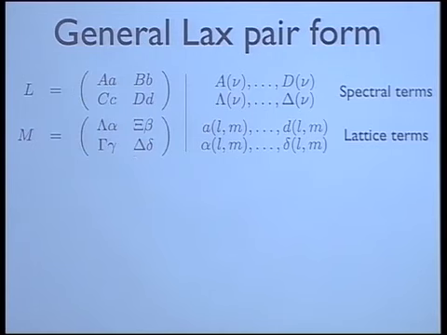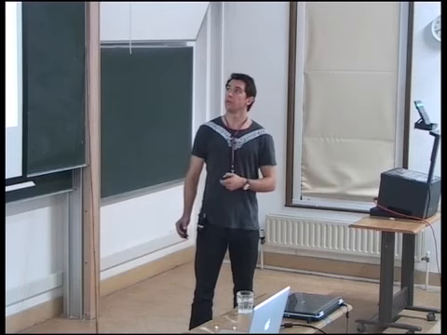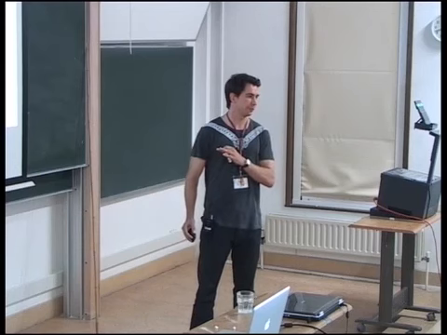It's all 2 by 2 partial difference equation lax pairs with just one separable term in each entry of each matrix. And by separable, I mean they separate into a product of spectral terms and lattice terms. There are a lot of ways you can do it, but this is a very simple way to do it.